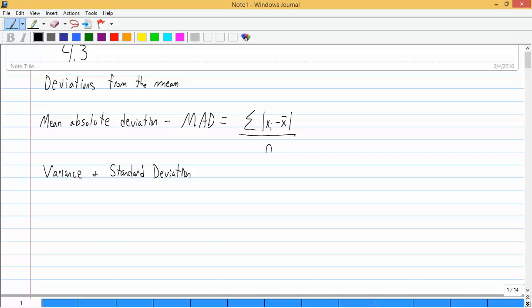Alright, they are the most common measures of variability. And it really depends on whether we're looking at a population or a sample. They are calculated slightly differently. The first thing that we're going to go over, the first important topic here, is the variance.